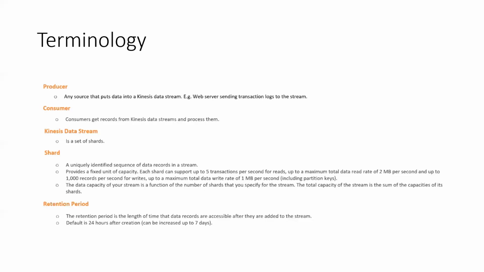It's not that all 2 terabytes of data will be stored in one shard. It will create multiple shards. That's why there is a read capacity unit and a fixed capacity unit. Based on that, the combination of all the shards will create your Kinesis data stream. We will see shards in our lab exercise once we cover the other 2 capabilities.